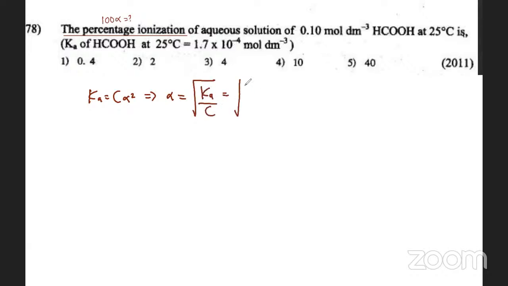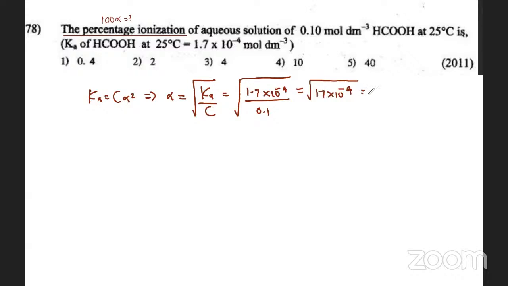So Ka is directly provided. What is Ka? 1.7 into 10 to the power minus 4 divided by concentration C, this 0.1. If you multiply up and down by 10, you will get 17 into 10 to the power minus 4.